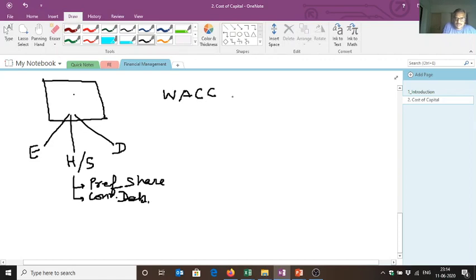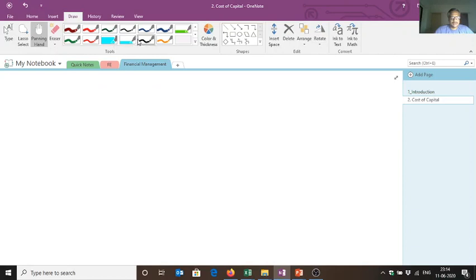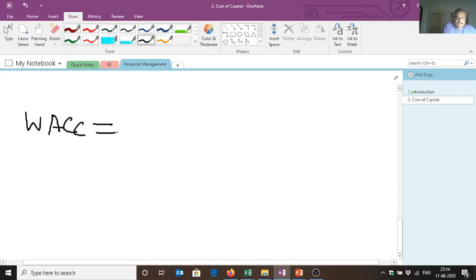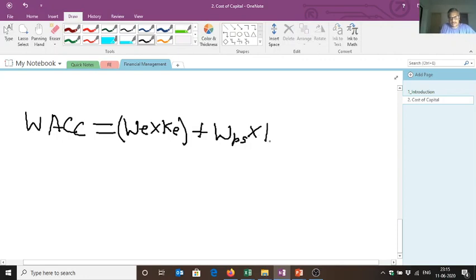WACC can be defined as weight of equity into cost of equity plus weight of, let's say I'm saying preference share, into cost of preference share, so I can again put a bracket here, plus, and I'll use weight of debt into cost of debt.